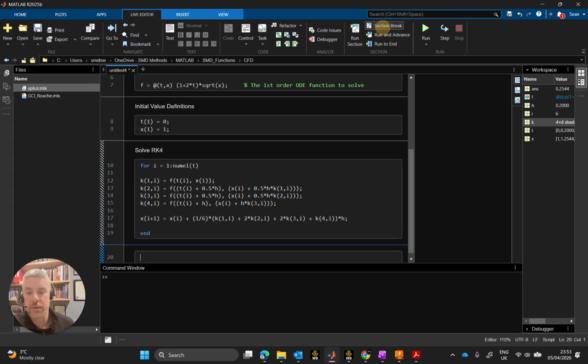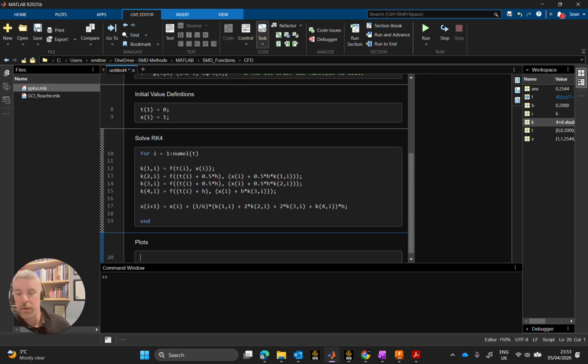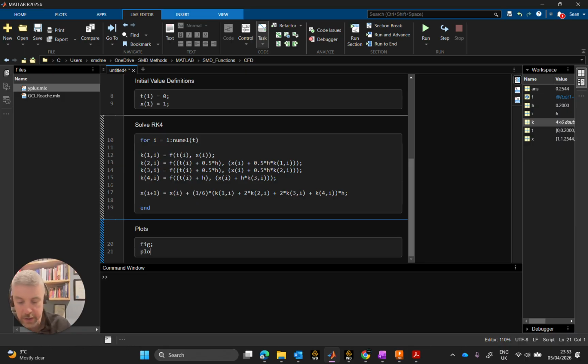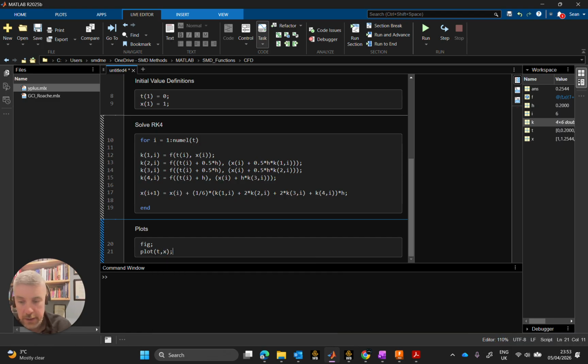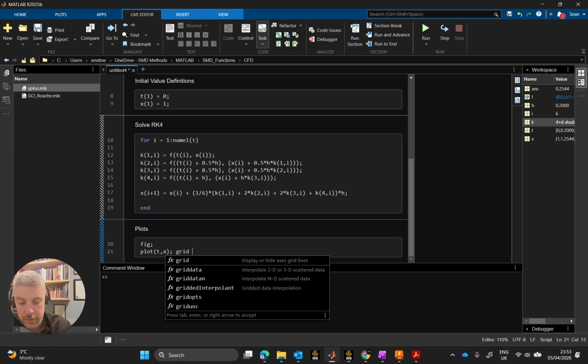So let's put in a section break in here, text. Let's look at plots. Put in a code, put in a figure here to plot t versus x. We'll grid on that.